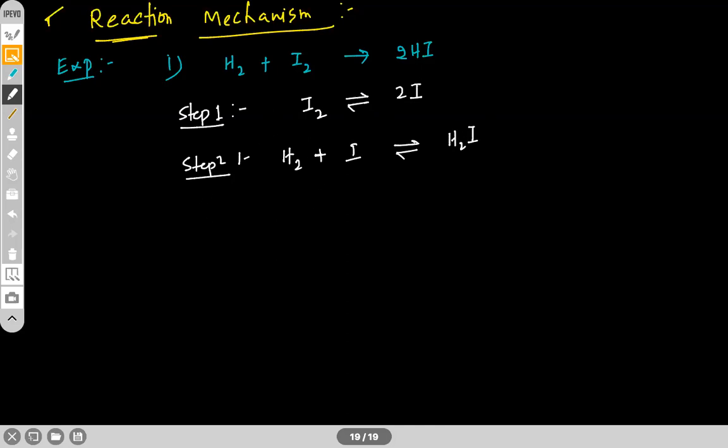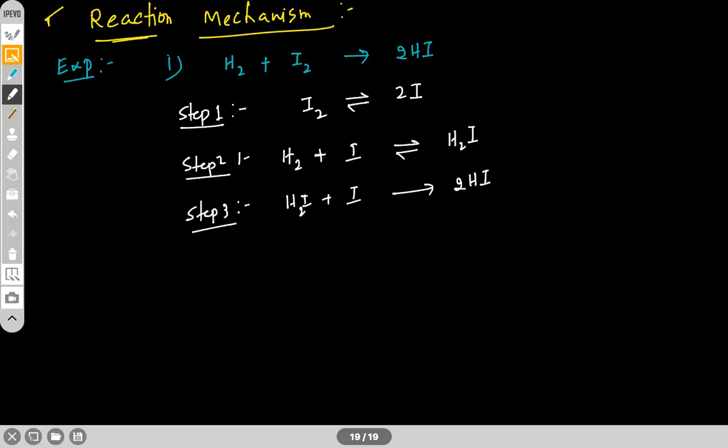Step 3: this H2I combines with another iodine atom and converts into 2HI. So these are the steps involved.